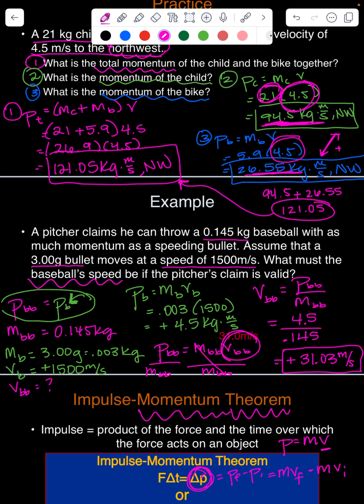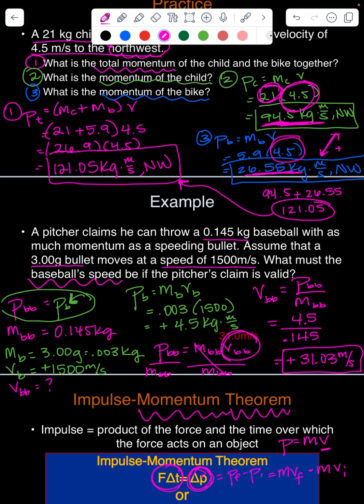That's that change in velocity. So if we ever see any kind of change in velocity, that should tell us that we have a change in momentum. Well, we know that a change in momentum has to be caused by something. If you think about it, if we're changing velocity, whether that's speeding up or slowing down, a force has probably been exerted over a certain amount of time, and that's exactly what's happening.